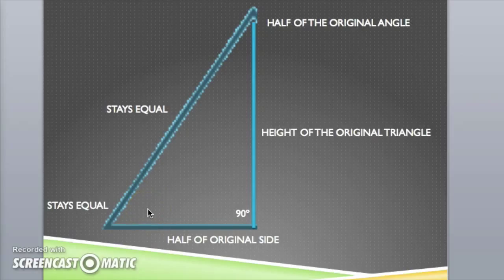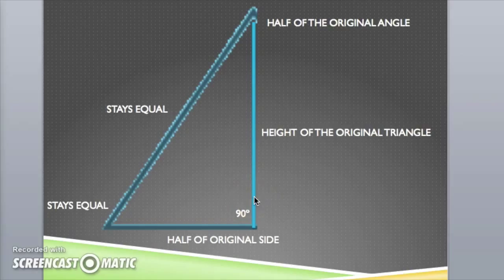This is the new triangle's relationship with the previous one, talking about angles and the measure of its sides. First of all, this angle equals half of the original angle that we got here, which was a 60 degrees angle, and now we have a 30-degree one. The height of the original triangle became one of the sides of the new triangle.